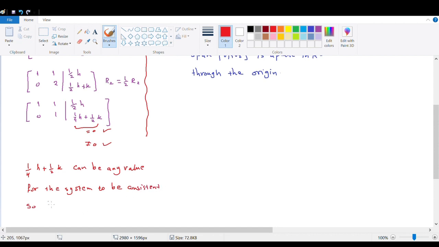So the vector hk is in span uv for all h and k.